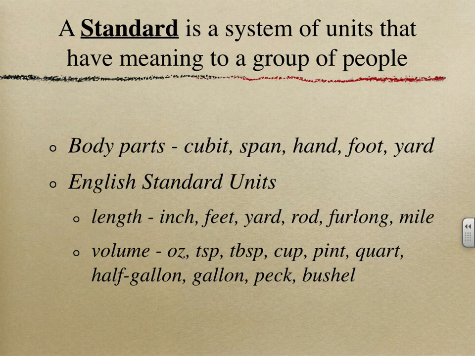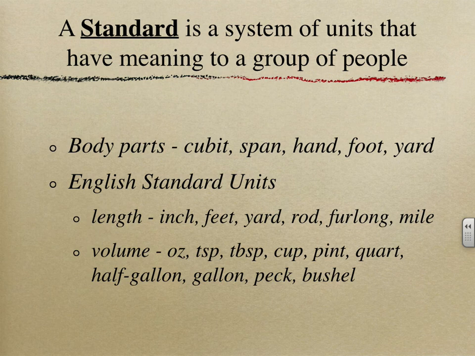For volume, we had ounces and teaspoons and tablespoons and cups and pints and quarts and half gallons and gallons and pecks and bushels. These are all units of volume. That's the way it worked out in the English system. This system is stupid. You should have learned about this in history class, and that's it. And you should have said, that's funny, it's so weird. And you shouldn't have known any of this.